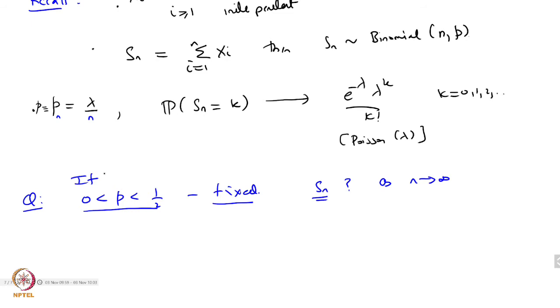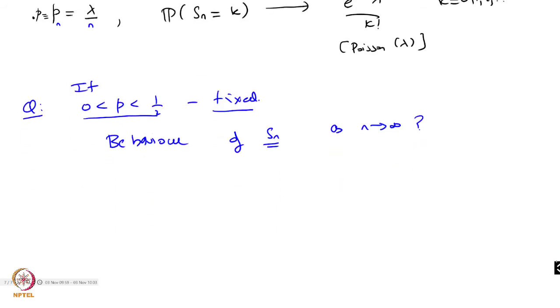Here, if I look at the probability Sn equal to k, then I may not get the right answer.